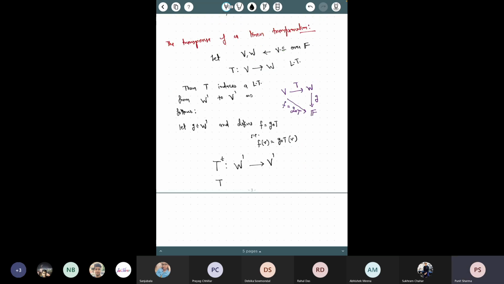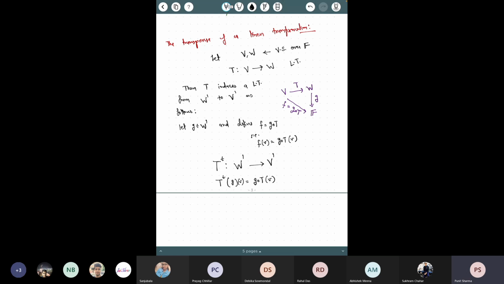And how is it defined? You send any g to g of t, or g composition with t. So g composition with t is a linear functional on V. Because it's a linear function on V, it will act on vectors or elements of V, so you can write it this way.